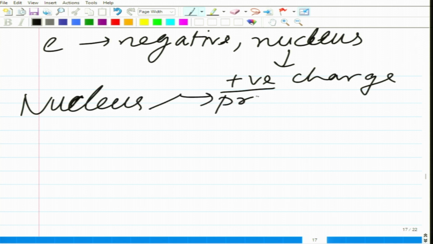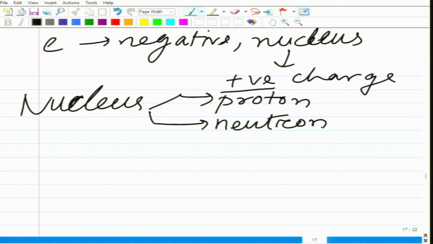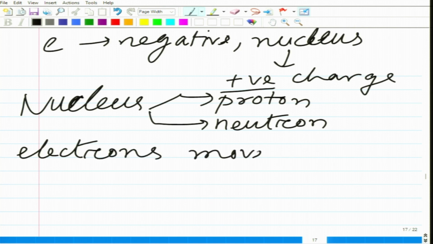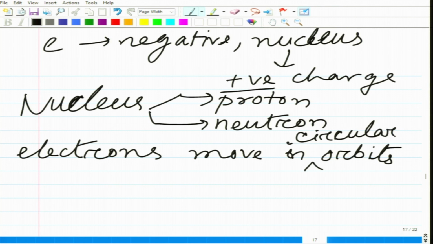Nucleus contains proton and neutron, and electrons move in orbits, circular orbits. So, Rutherford's atomic model was kind of similar to the solar system.